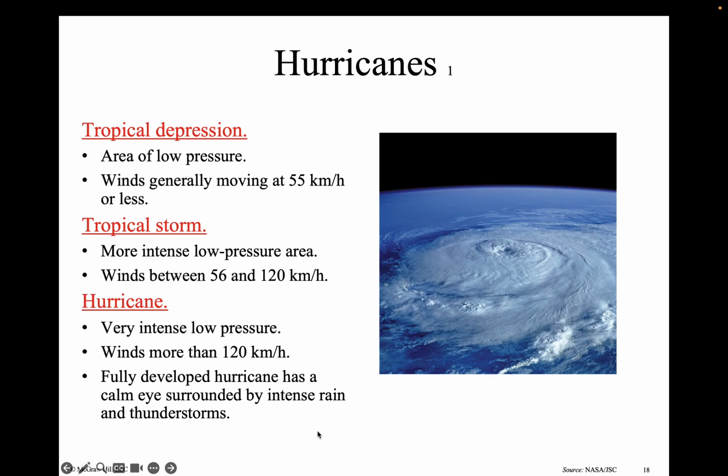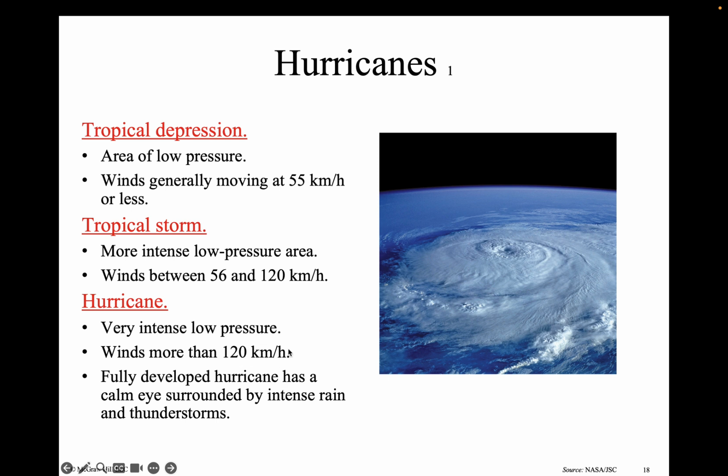Okay, and again, they are usually associated with thunderstorms. How about the hurricanes? There are different types of hurricanes, but what I want you to know is that a hurricane is a very intense low pressure area with winds of about 120 kilometers per hour.